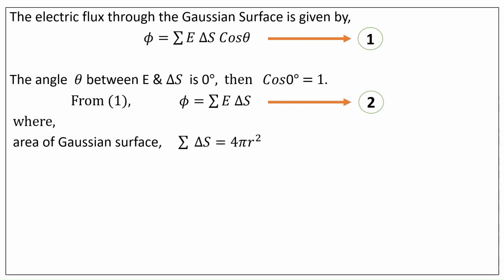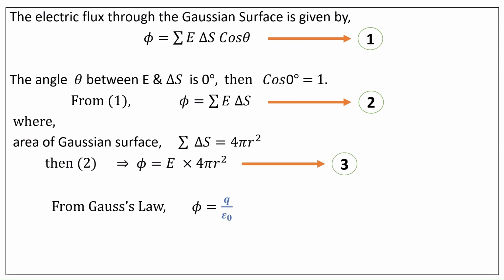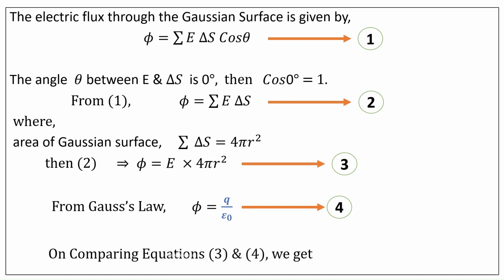Equation number 2, where area of Gaussian surface, summation of delta S is equal to 4 pi r square. Substitute in equation 2, we get phi is equal to E into 4 pi r square, equation number 3. From Gauss's law, phi is equal to Q by epsilon naught, equation number 4.